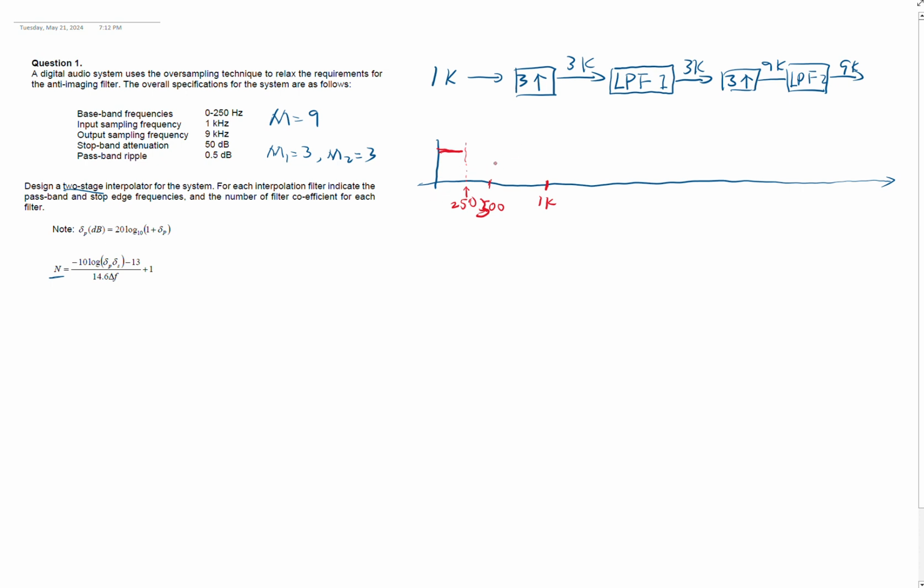So you can have a filter like this, and what happens is it's going to fold like this.